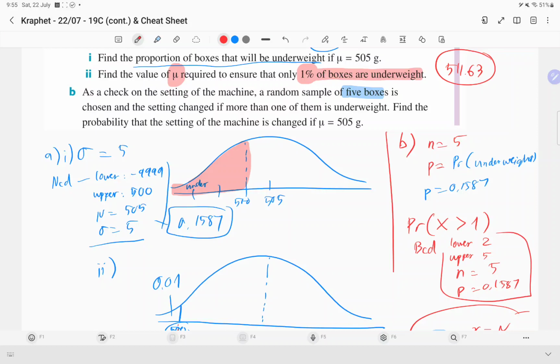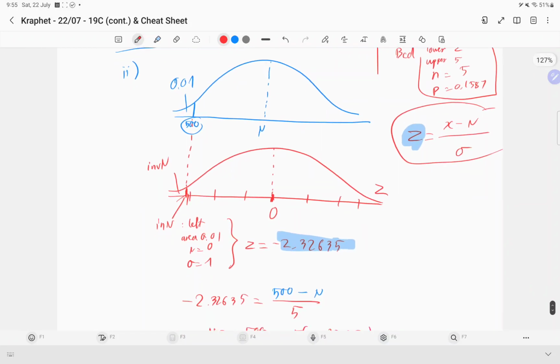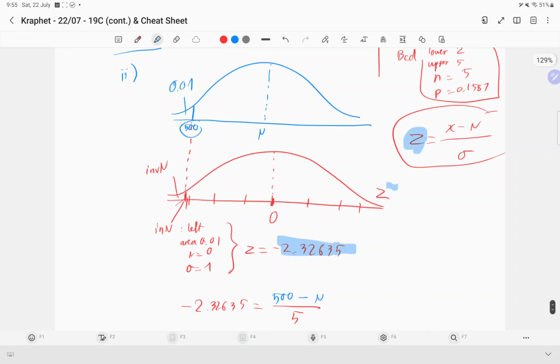Can I see A2 again? So you convert it into Z values, right? You find the Z value corresponding to that and use the idea of standardization. Whenever you have an unknown mean or unknown standard deviation, normally you need to think about the standard normal distribution to work that through.